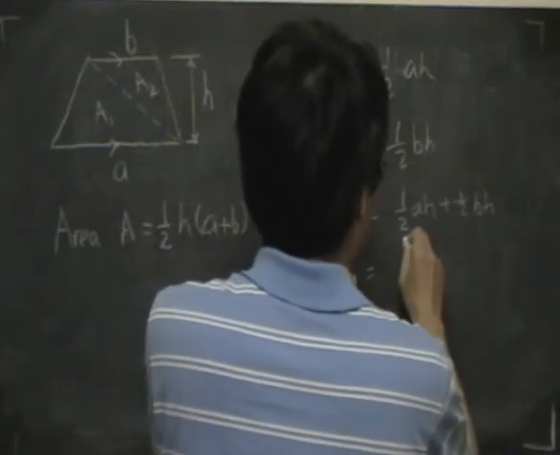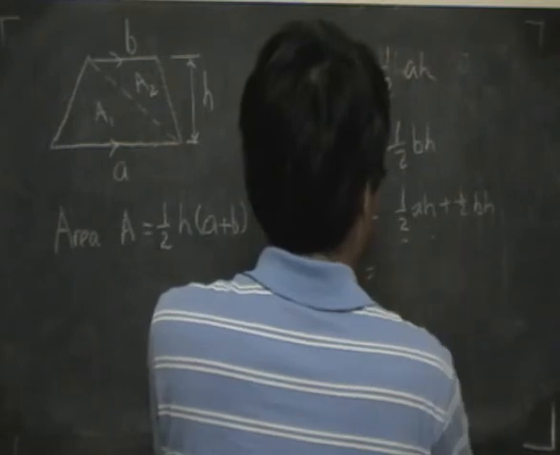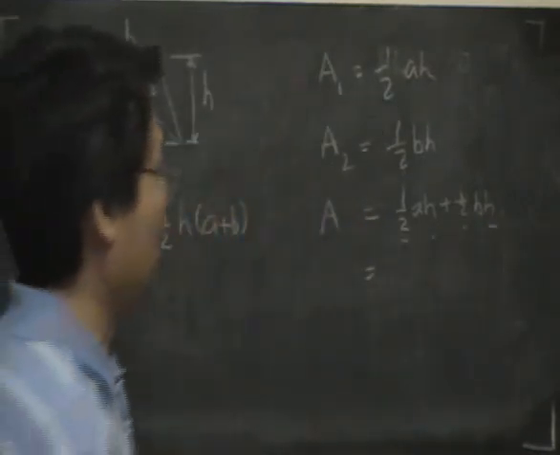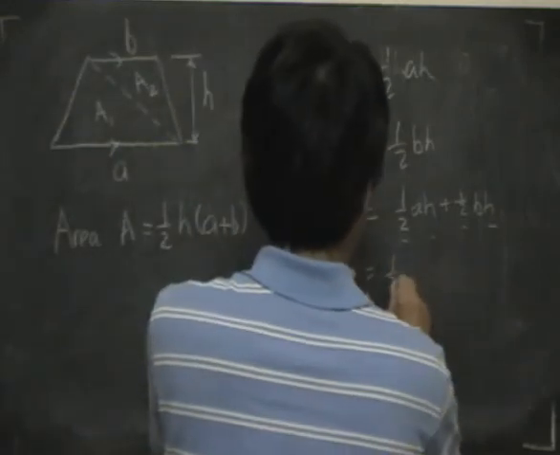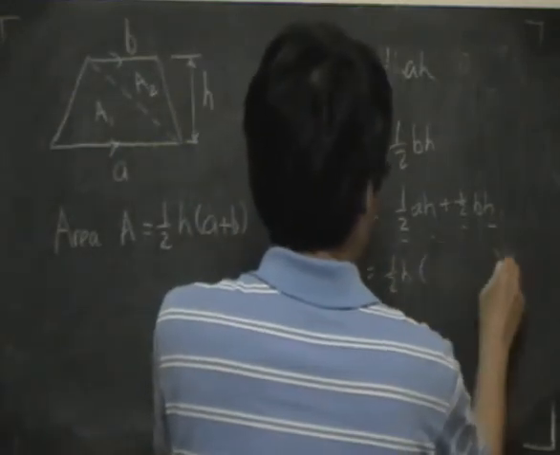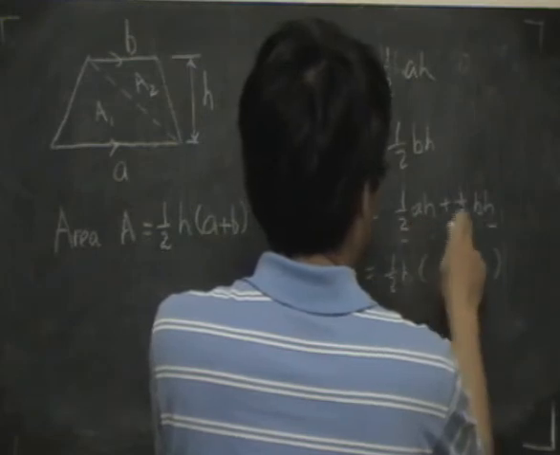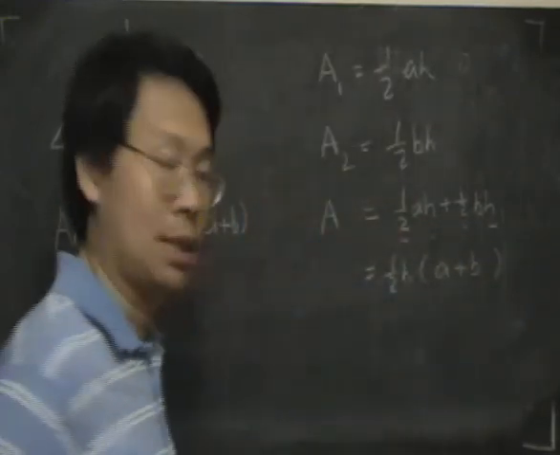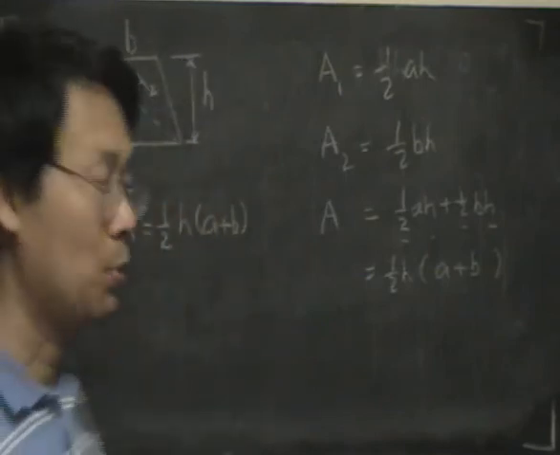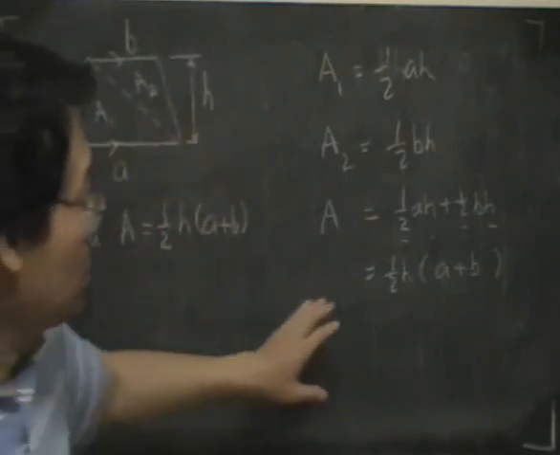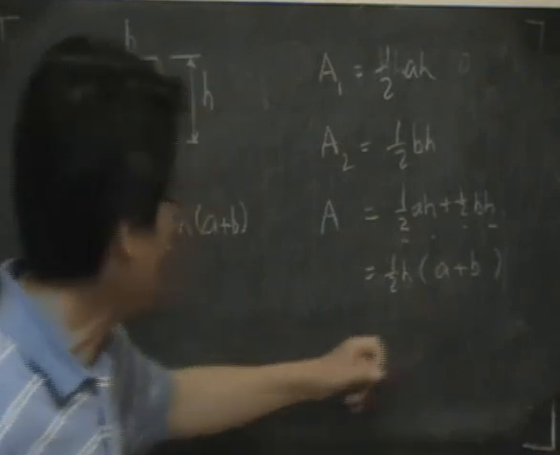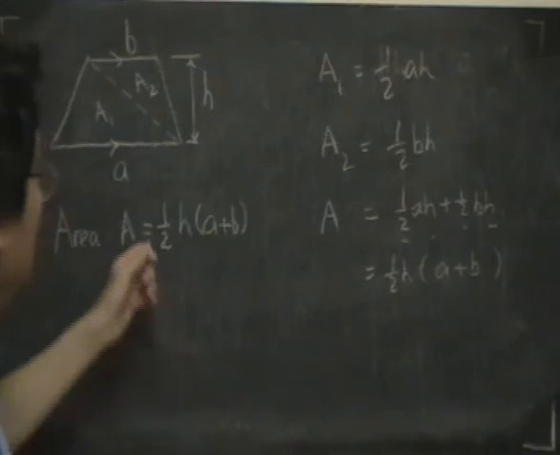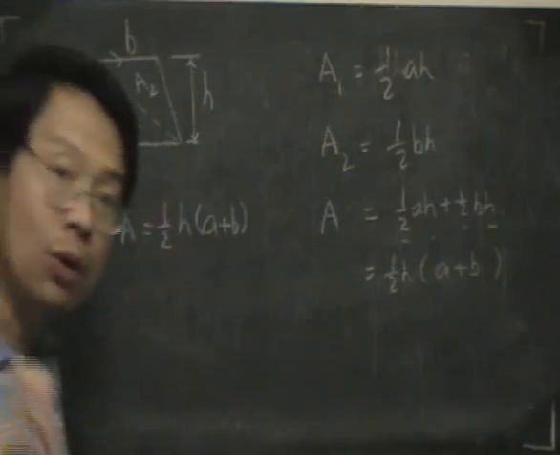In fact, I can take half and H out. Alright, half and H are both common factors. So I take out the half and the H, and I put the A plus the B in the bracket. Right, that's what we learned in algebra when we do factorization. So we got that, and this is exactly the same as this. So that's how we arrive at the formula for a trapezium.